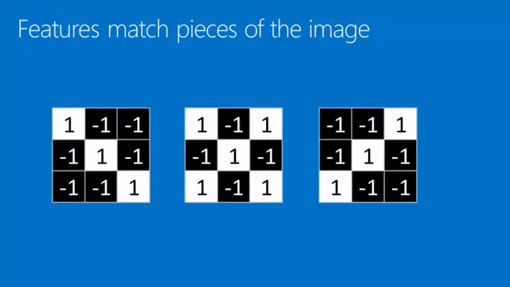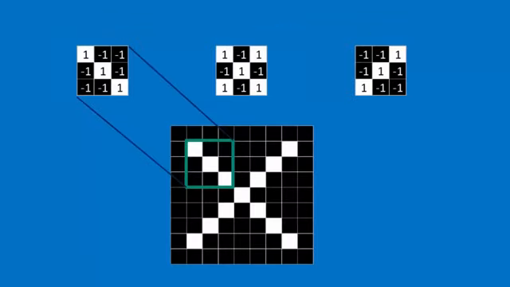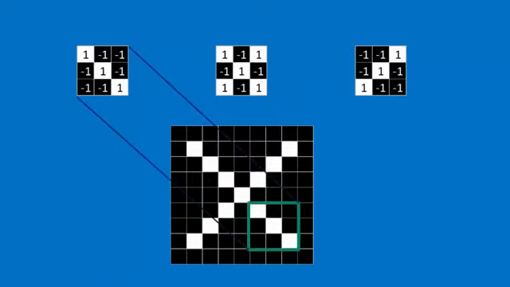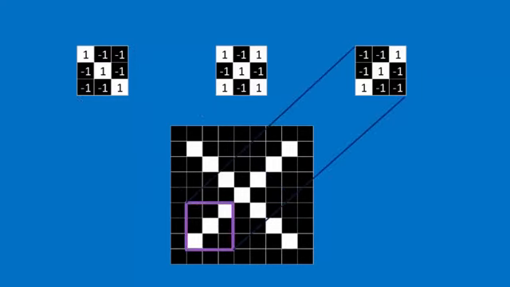In this case, just 3 pixels by 3 pixels. The one on the left is a diagonal line slanting downward from left to right. The one on the right is also a diagonal line slanting in the other direction. And the one in the middle is a little X. These are little pieces of the bigger image. And you can see as we go through, if you choose the right feature and put it in the right place, it matches the image exactly.